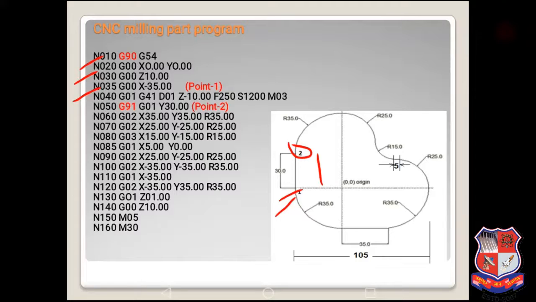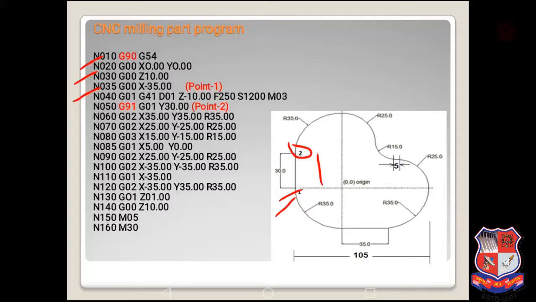So we are at point number 2 and we want to move towards point number 3, and that is the arc with the radius 35 mm, and the movement of the arc is in clockwise direction.